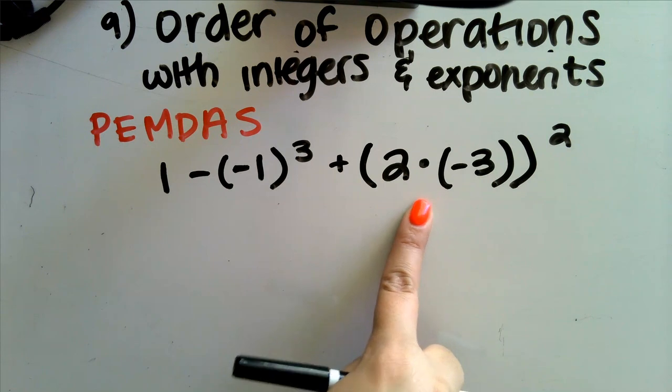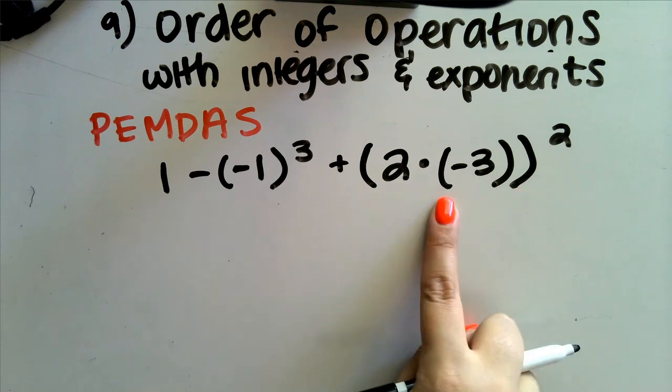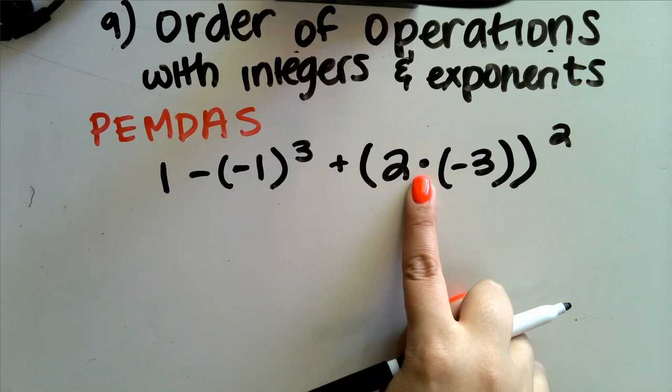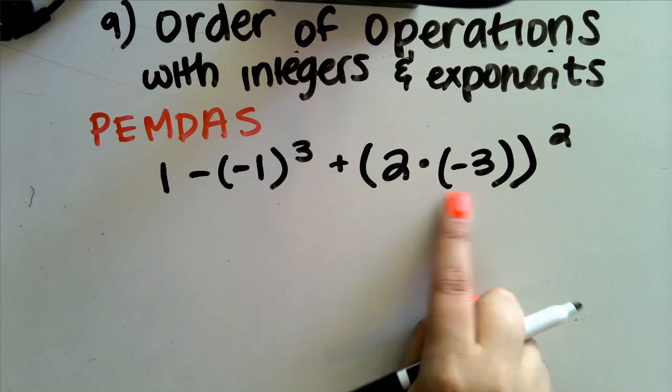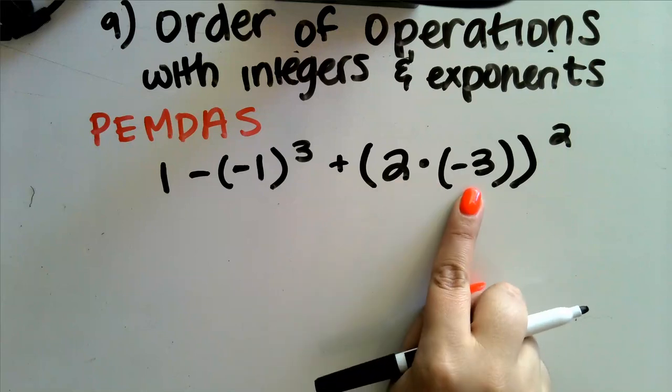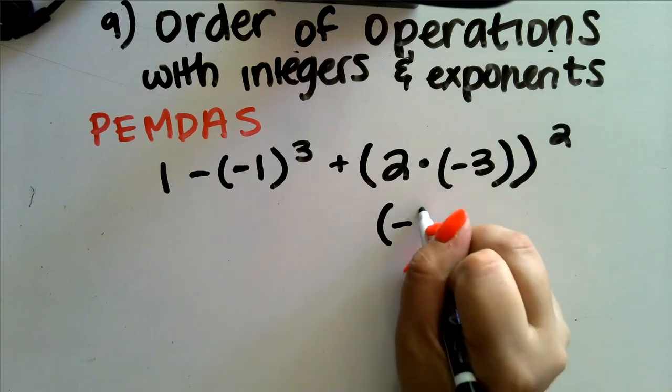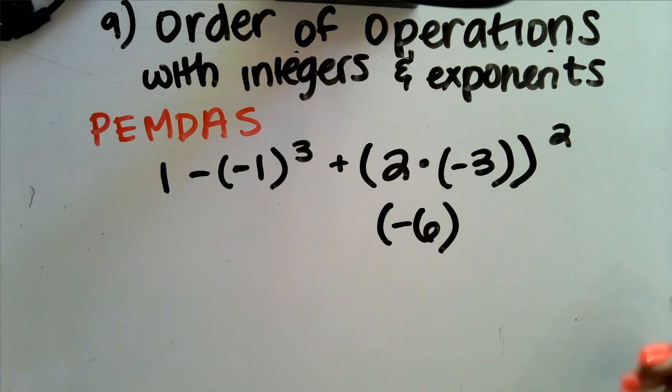But over here, we have not one, but two sets of parentheses, and there is in fact an operation happening inside of these parentheses. So this operation, 2 times negative 3, is going to be the very first thing I want to do here. We know that 2 times negative 3 evaluates to negative 6.